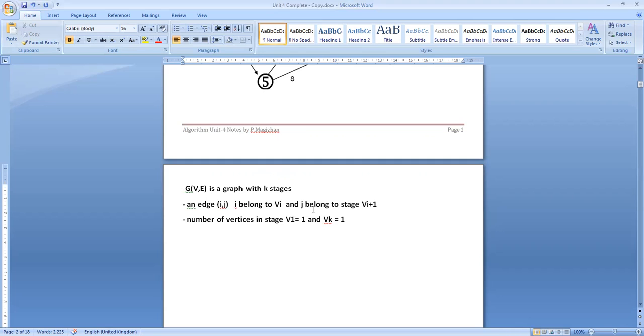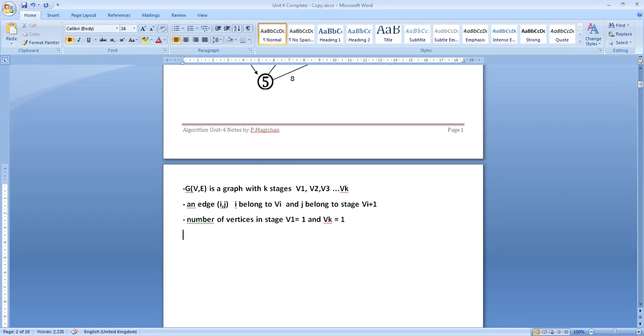So still I can elaborate this. G = (V, E) is a graph with k stages: V1, V2, V3, ..., Vk.